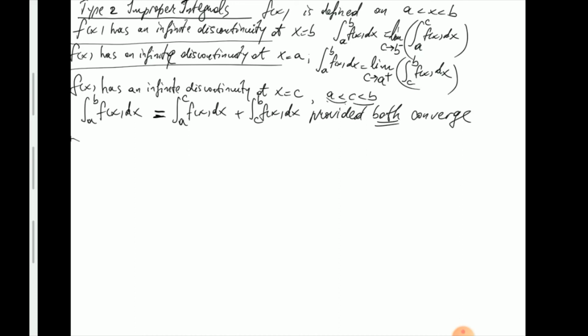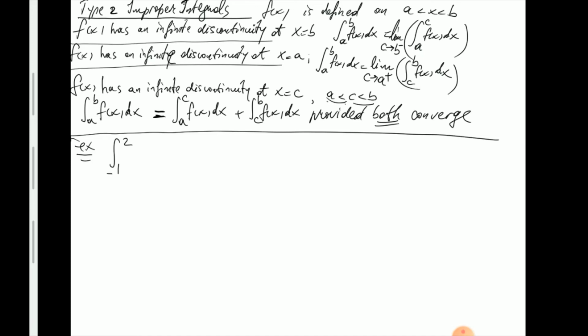So provided that both of them converge, then this is how we define the integral in this case. So here's an example, and then I'm going to show you how people can miss this and end up with errors or mistakes. So let's say I want to compute the integral from 1 to 2.